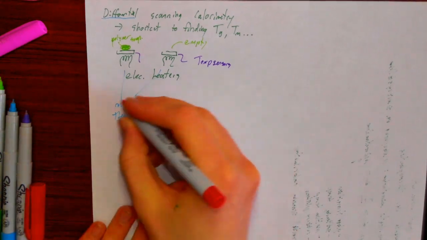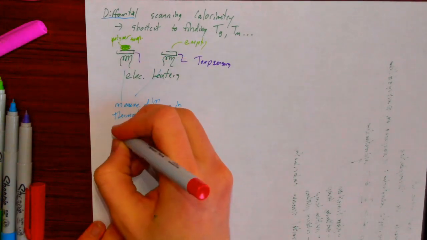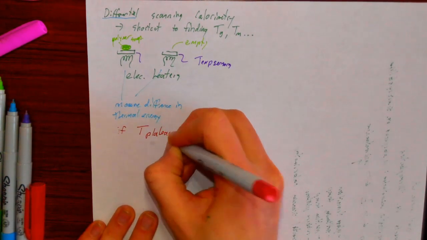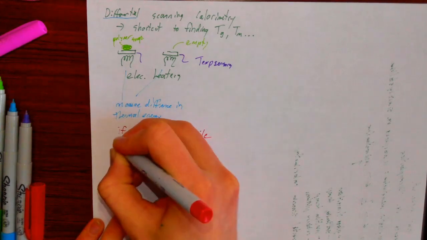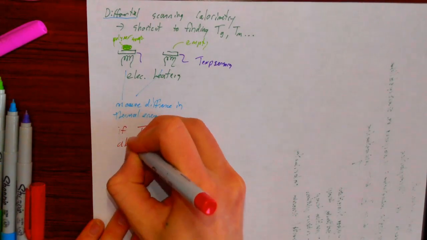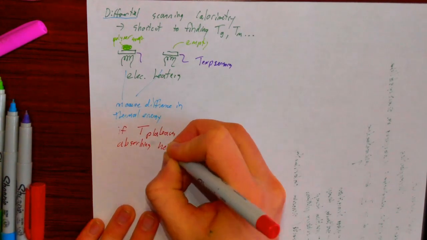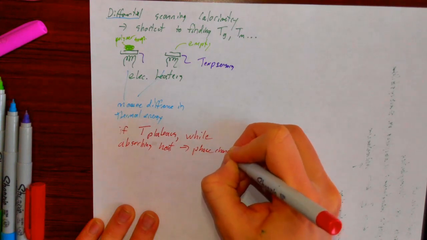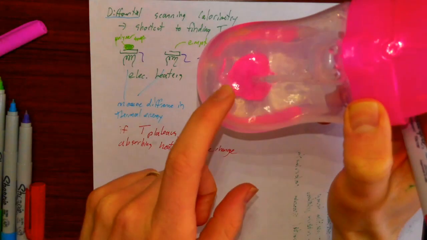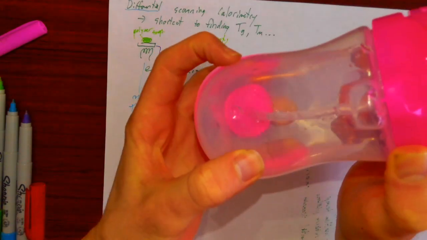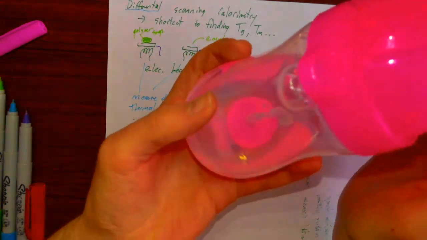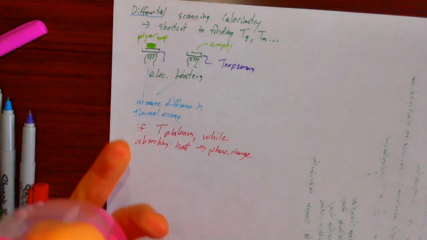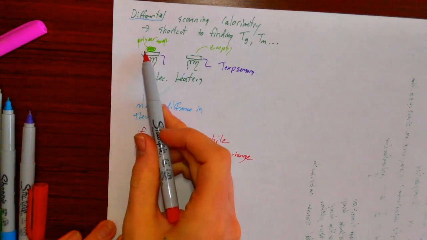So I measure how much thermal energy is going in, and if the temperature plateaus while still absorbing heat, that means there's a phase change. In the same way, if I were heating up water, it would increase in temperature until I hit its boiling point, and then plateau there until I had converted all of that water to steam. The same thing happens with polymers.